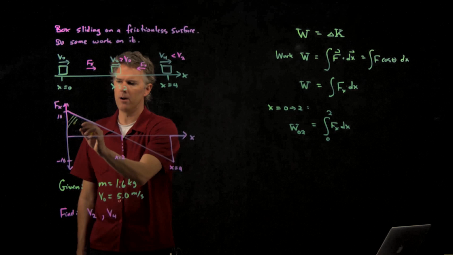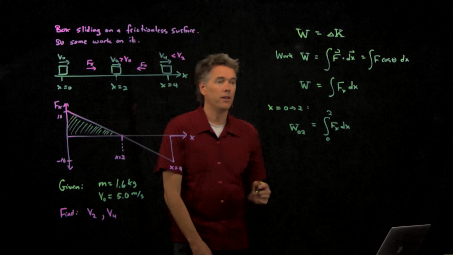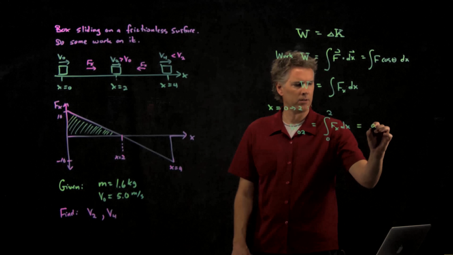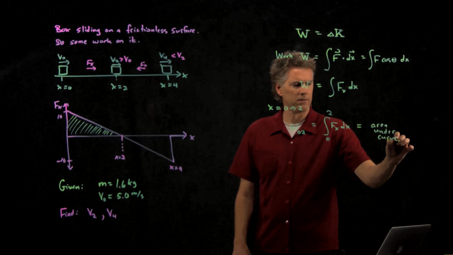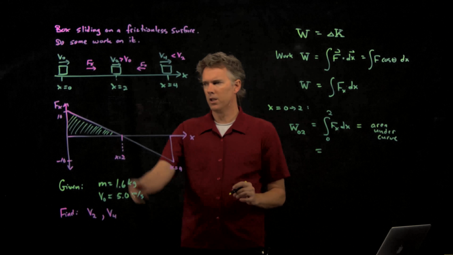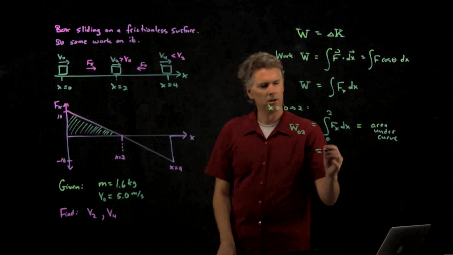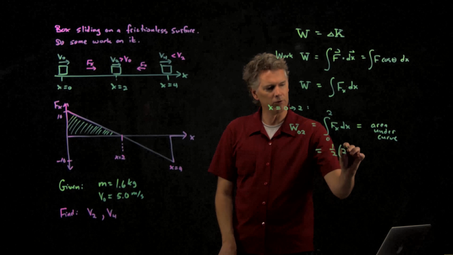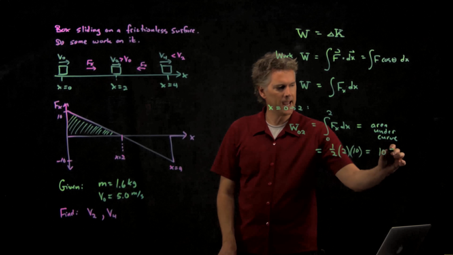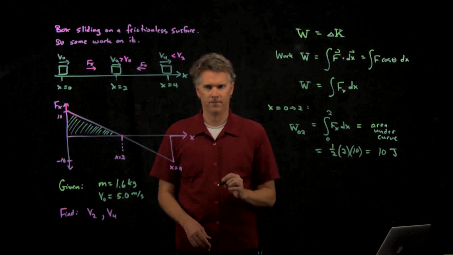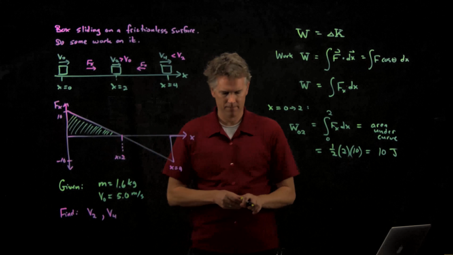So we could either figure out what that functional form is and do an integral, or we could just say this is the area under the curve, which in this case is just a triangle, right? So it's half the base times the height. It's 1/2 the base, which is 2, times the height, which is 10. And so we just get 10 joules. That's this first part right here.